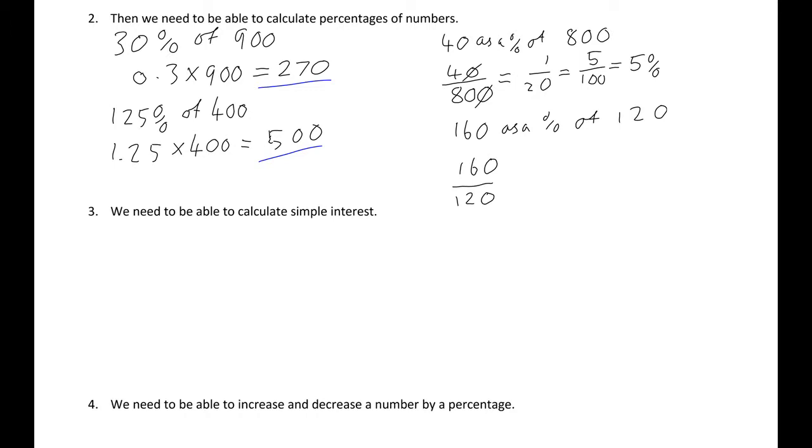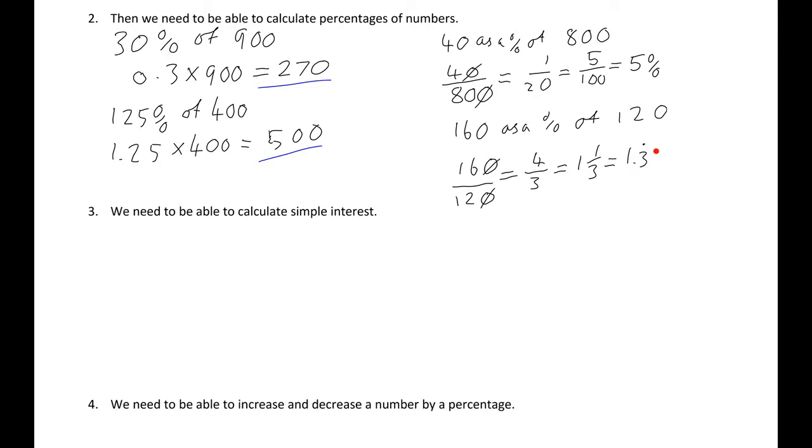Okay, now there are a few tricks of how we could solve this, but I'm just going to cancel it down. We ditch the tens, divide top and bottom by 10. We can divide top and bottom by 4, and when we do so, we will get 4 thirds, which I know is 1 and 1/3. Now I've changed it into a fraction. I can change it into a decimal from there. 1.3 recurring, and to go from a decimal to a percentage, you just move the decimal point 2 to the right.